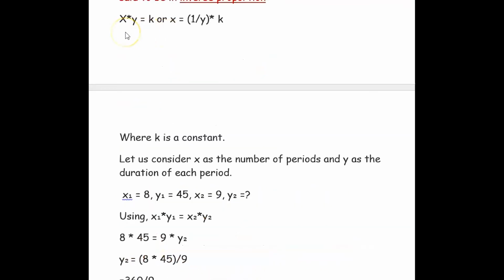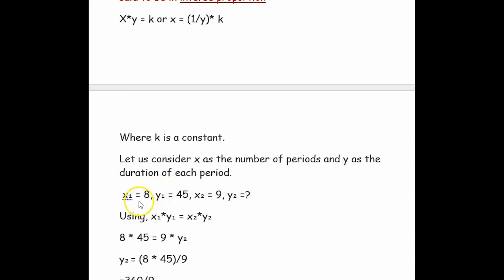We know the relation for inverse proportion as x into y equal to k, or x equal to 1 by y into k, where k is a constant. Now let's consider x as the number of periods and y as the duration, that is, the time for each period.